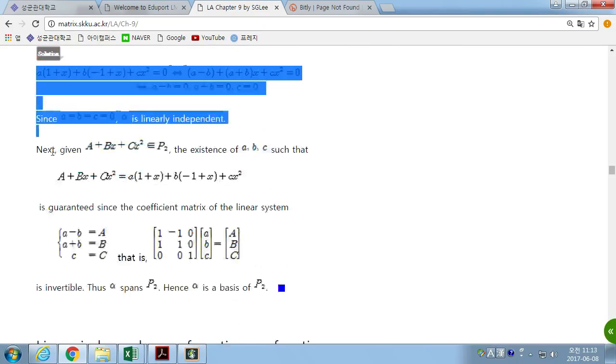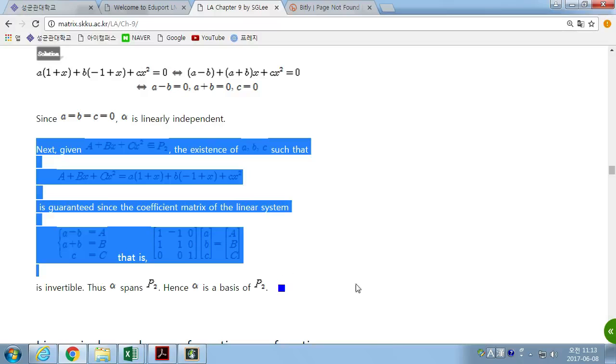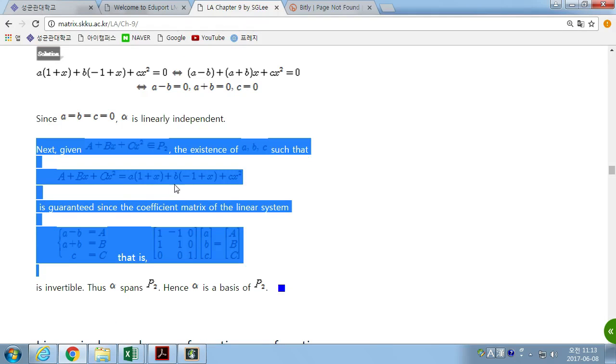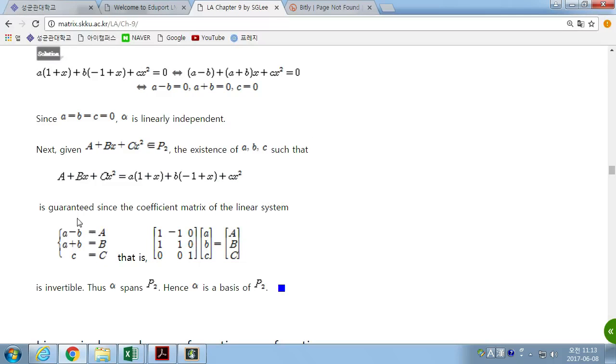Easy. Span. How do you show it? Take an arbitrary vector in P2, which can be written as capital A plus Bx plus capital C x squared. This should be written as a linear combination of these 3 vectors. Solve it. Then this forms a linear system of equations, which can be written here.